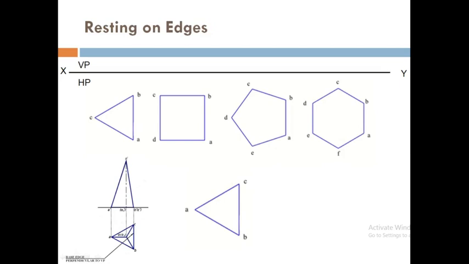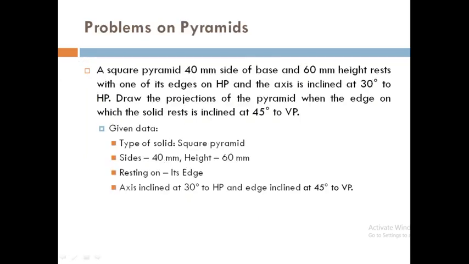If it is resting on an edge, then that resting edge should be taken towards the right side. So for the resting edge AB, the initial position will be like this, and then the axis is inclined at 30 degrees to HP, and the resting edge is inclined at 45 degrees to VP. Now let us solve the given problem.